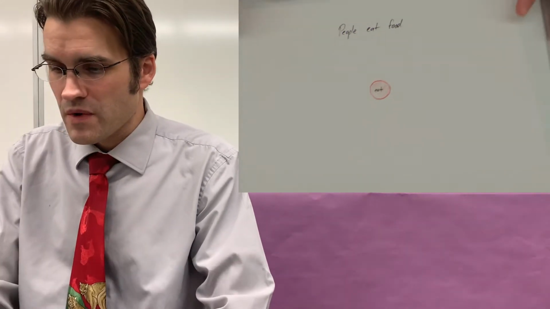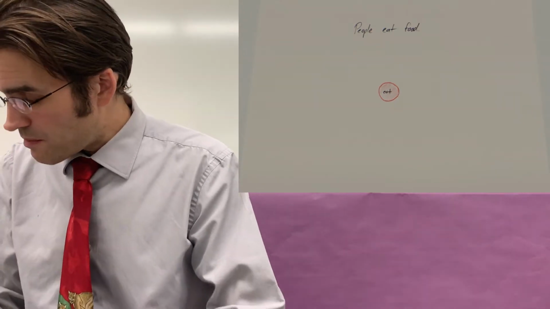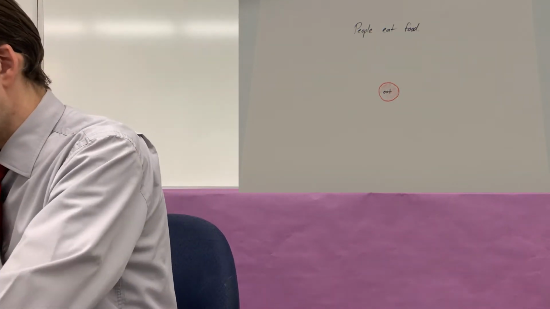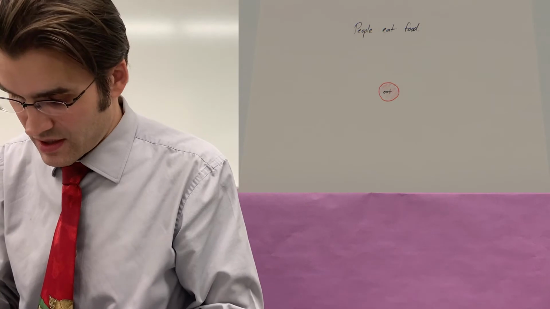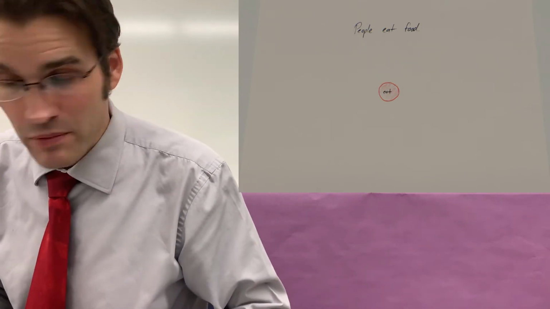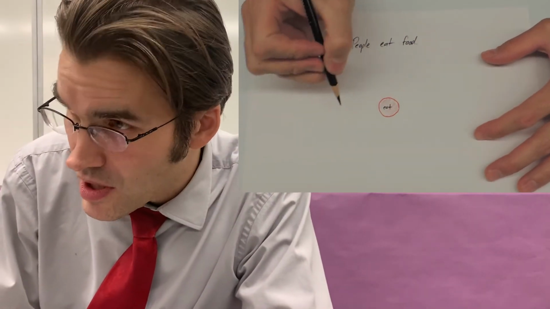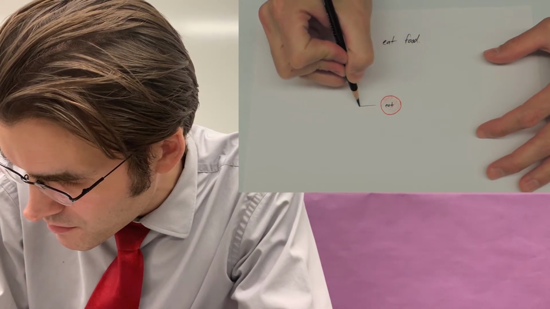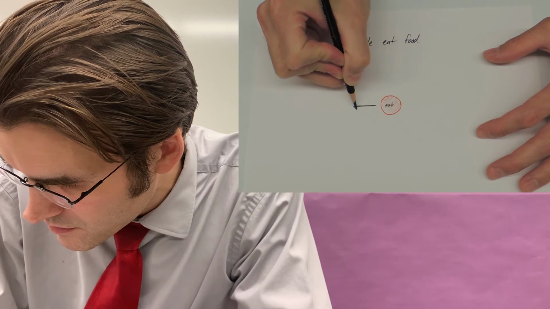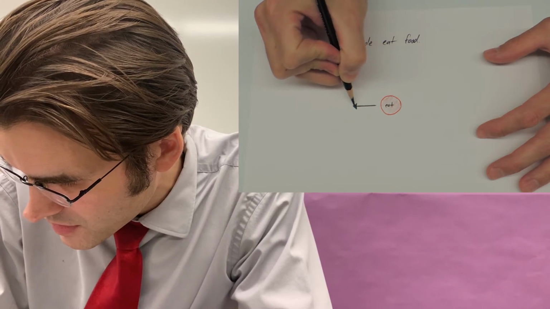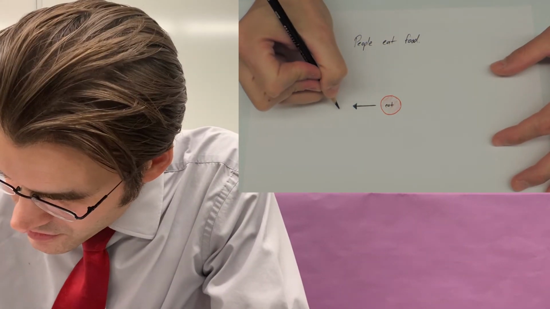Okay, now, the next thing we're going to ask is, let's ask ourselves the question, who is it that eat? Well, it's people, okay? So I'm going to make this one a little bit simpler, okay? I'm going to draw my arrow, okay, like this, and I'll draw my circle.